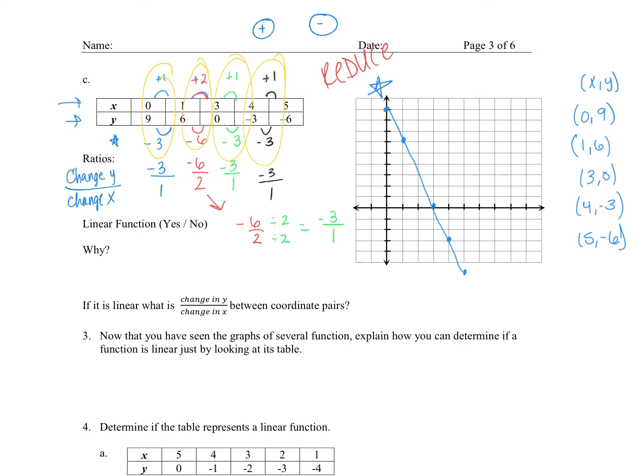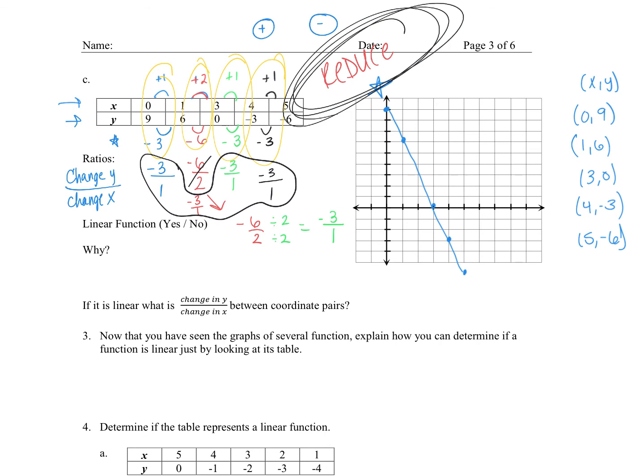So this would no longer be -6 over 2, but it would be -3 over 1. And now, I'm going to circle these. All of these are the same. So what's important is you have to remember to reduce. If something can be reduced, you need to reduce it.